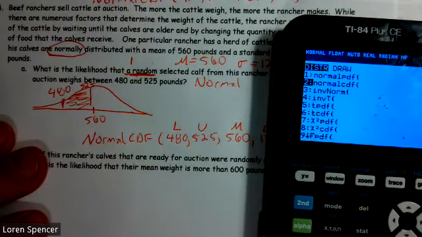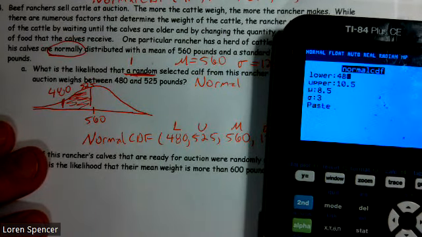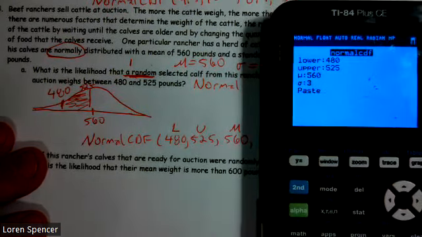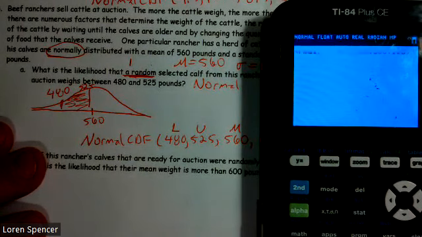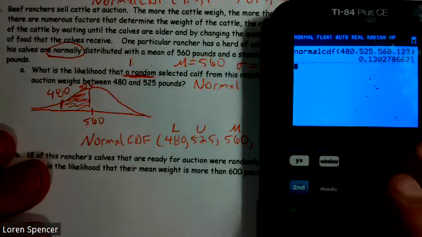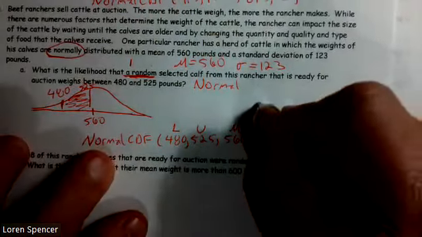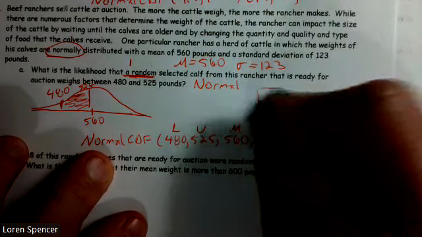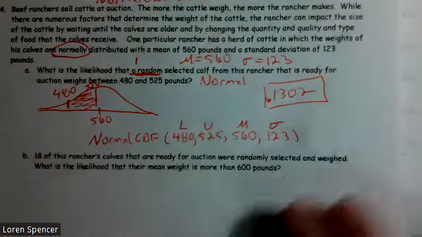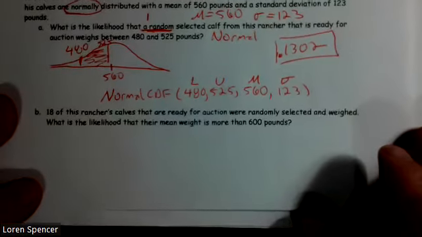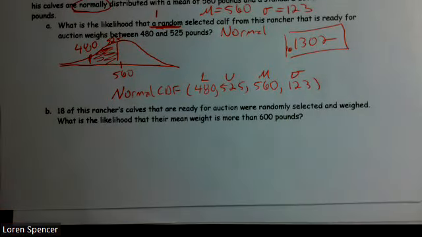Second bars, normal CDF, lower 480, upper 525, mean 560, standard deviation 123. And there's a 13% chance they're going to be that size or in that range. So 0.1302.